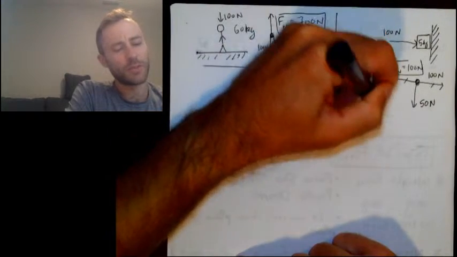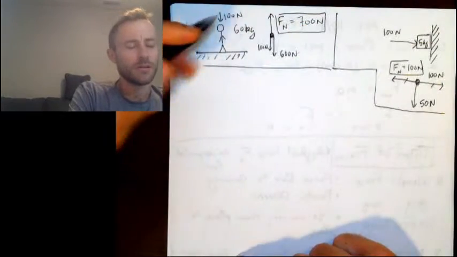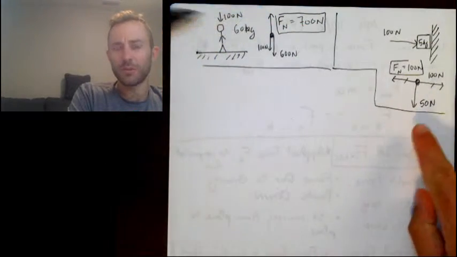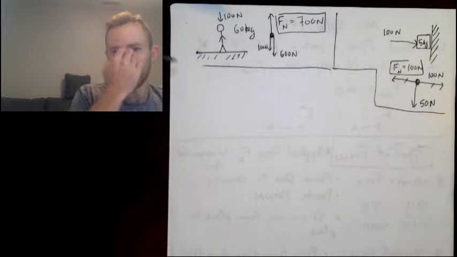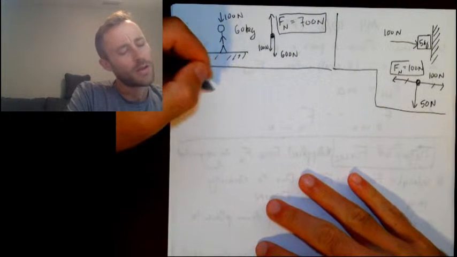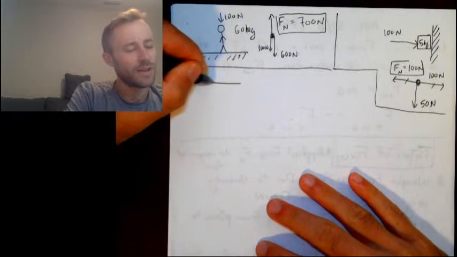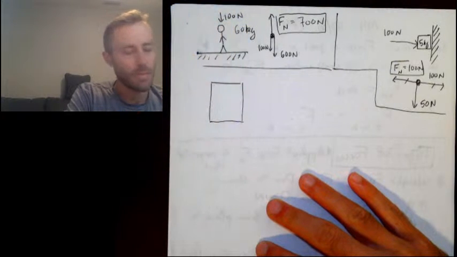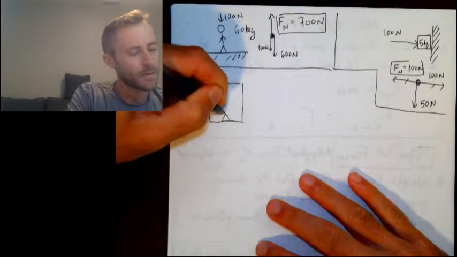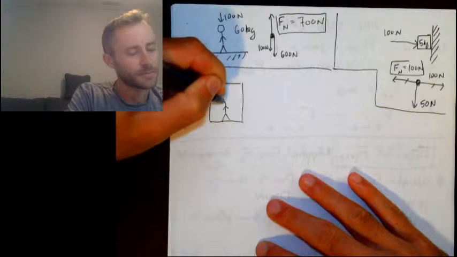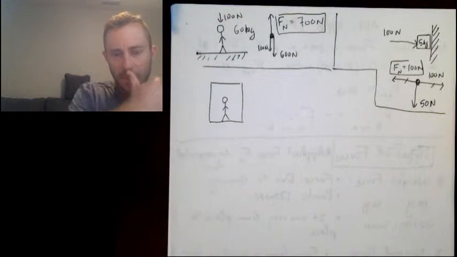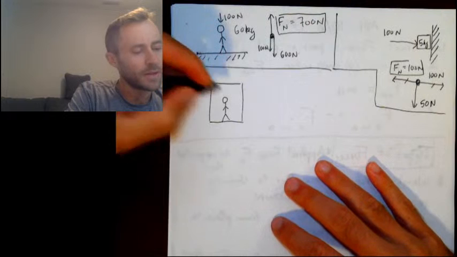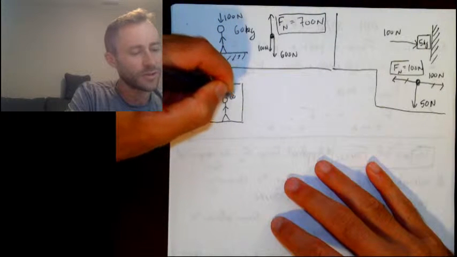Do one more example here. Notice how these are examples where normal force is not equal to the weight force. What if we have a person in an elevator? And it's this 60 kilogram person.